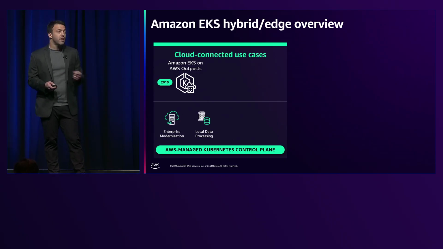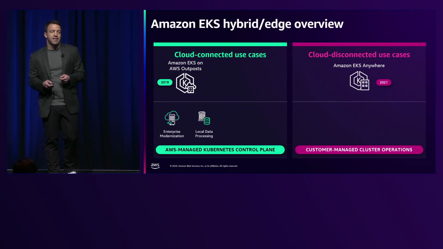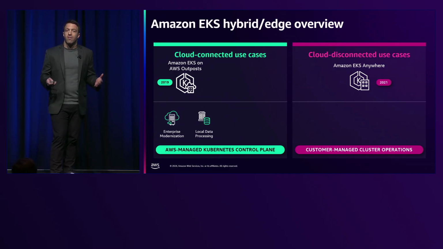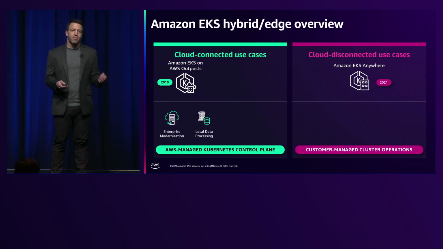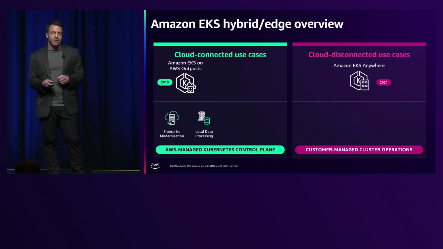And so, to meet customers where they are, in 2021, we launched Amazon EKS Anywhere. EKS Anywhere provides AWS-supported Kubernetes management software that simplifies the infrastructure provisioning and lifecycle management process for clusters running on customer-managed hardware in virtualized and bare metal environments.